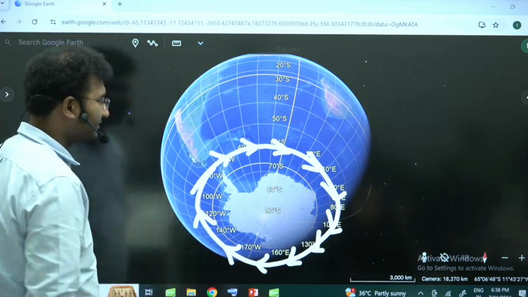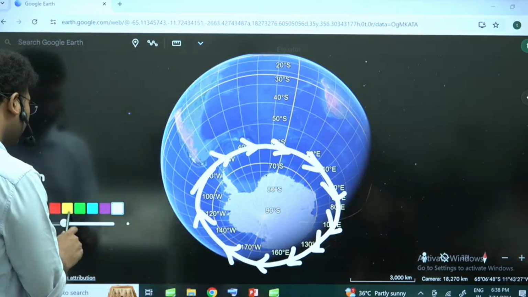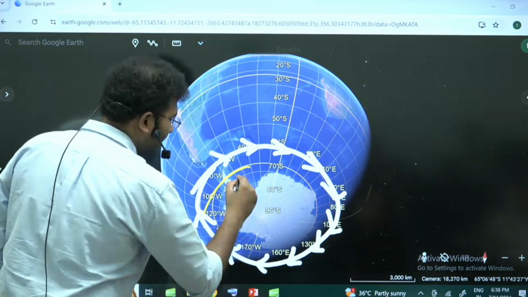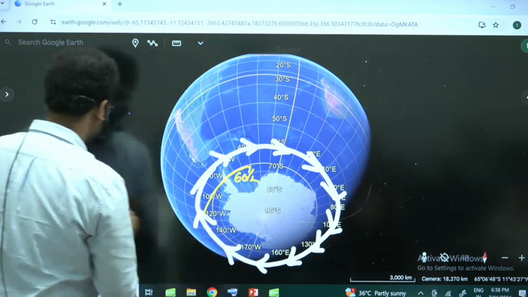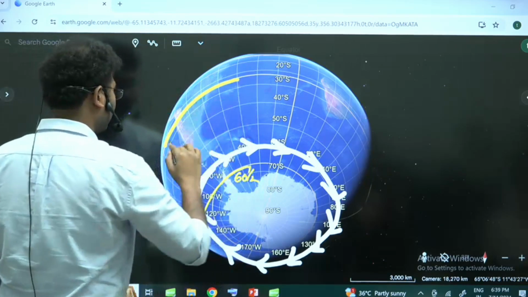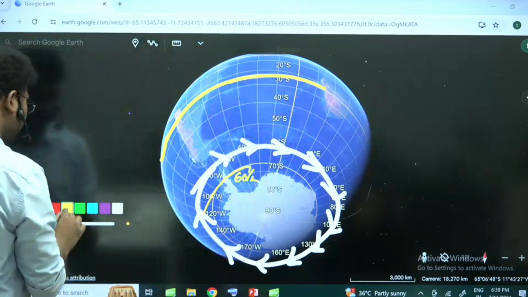Is it present in westerly belt or easterly belt? Are you sure? See, this is your 66, and this latitude is what? Tropic of Capricorn.